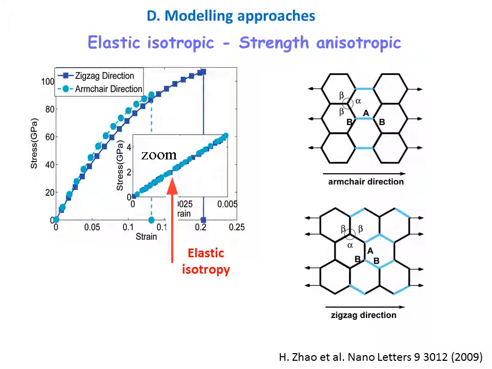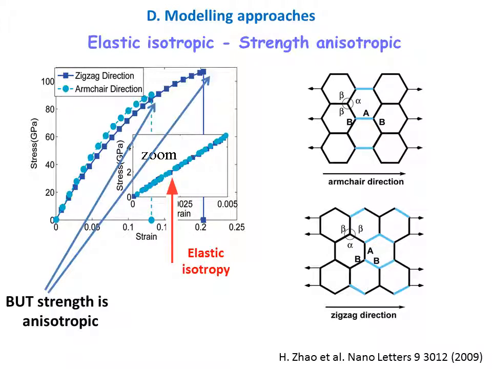We have the same response for the armchair and the zigzag configurations. This in-plane elastic isotropy is what, as we saw in the previous video, is expected from symmetry arguments. We observe, nevertheless, that for large deformation some anisotropy can appear, and the most remarkable anisotropic response is in fact for strength. We see that in the zigzag direction the graphene membrane shows a better resistance to fracture.